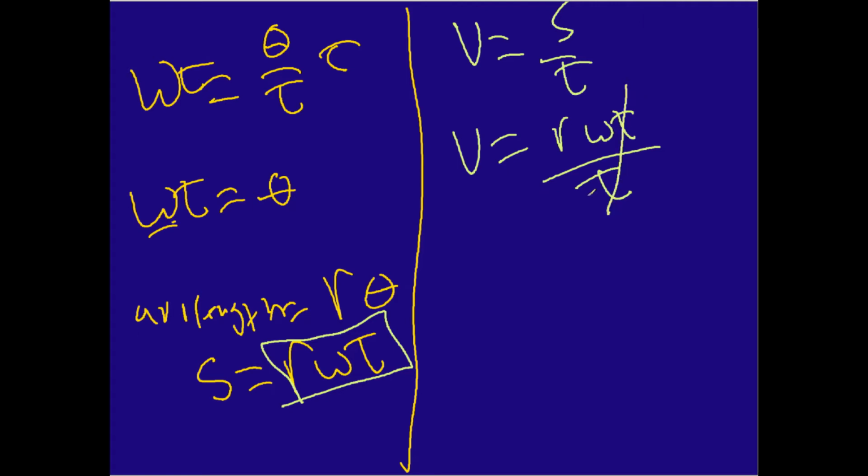These t's cancel out, and so the linear speed also equals the radius times the angular speed, like so. And so you can see that there's a clear relationship between knowing the arc length and being able to calculate these various components here.